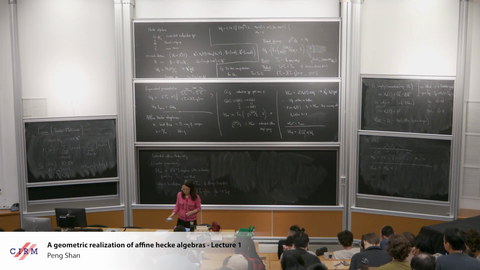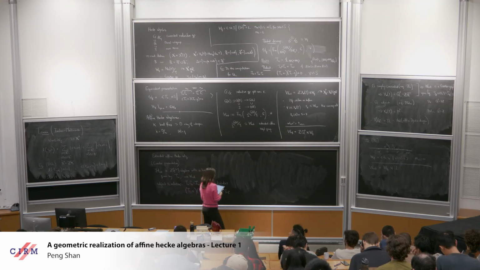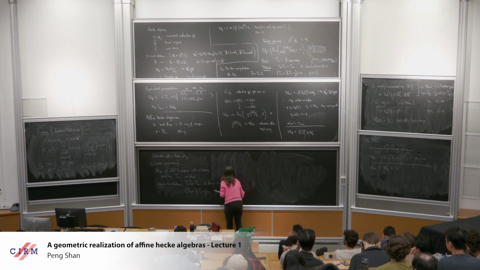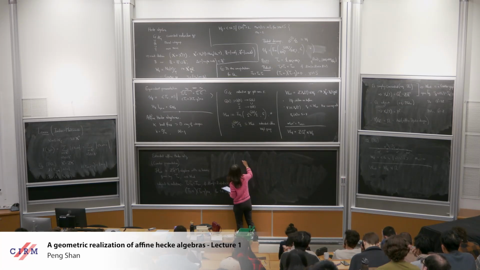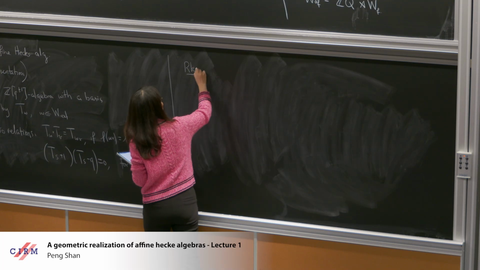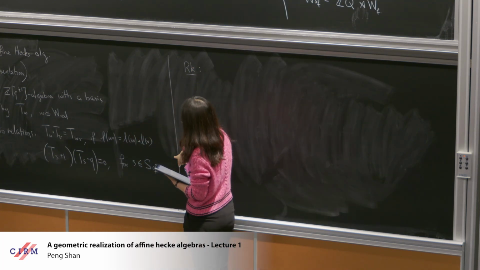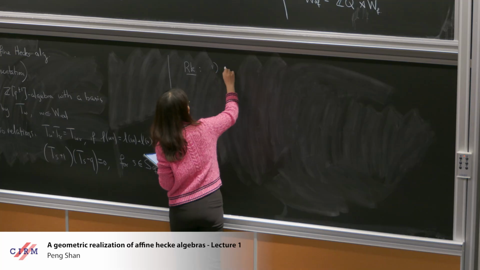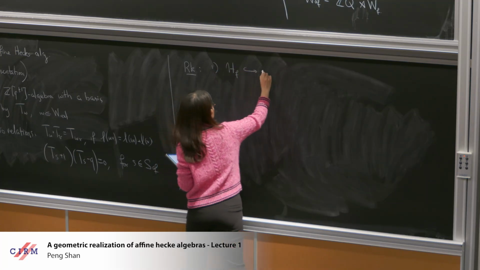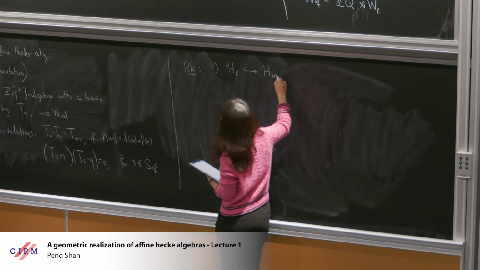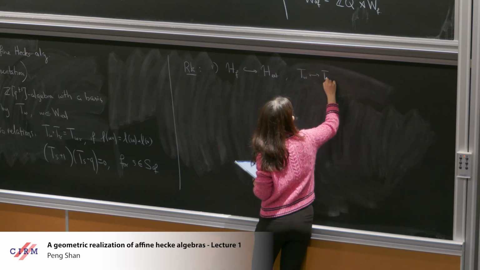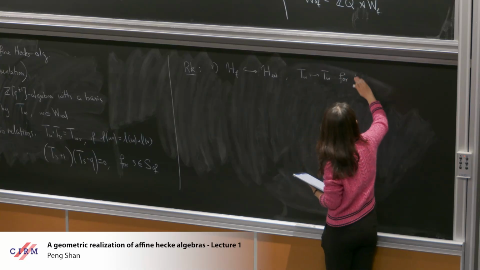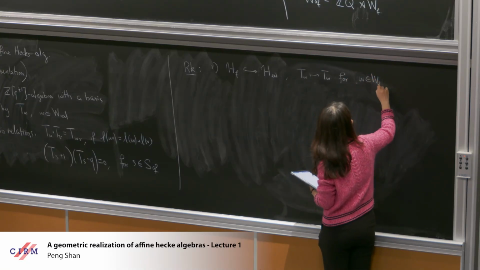Okay. So you can take this as the definition of the affine Hecke algebra if you want. Maybe just to remark: first of all, you can easily observe by definition that the finite Hecke algebra is a subalgebra inside the affine Hecke algebra, just by sending TW to TW, where W belongs to WF.